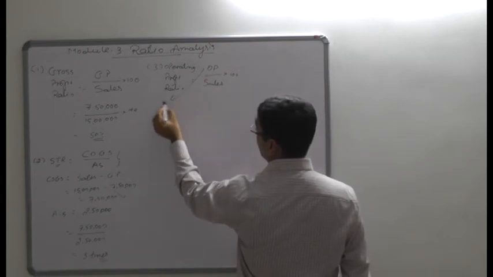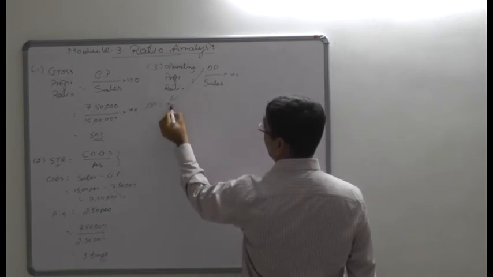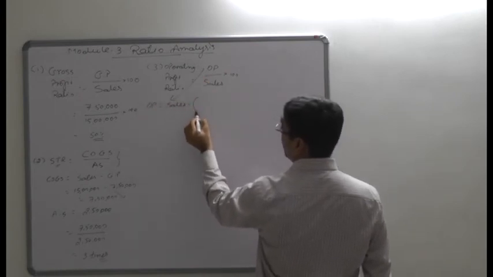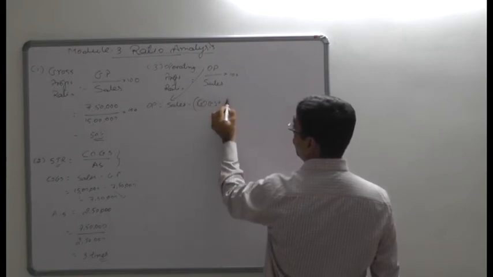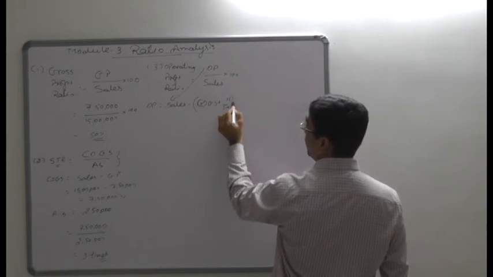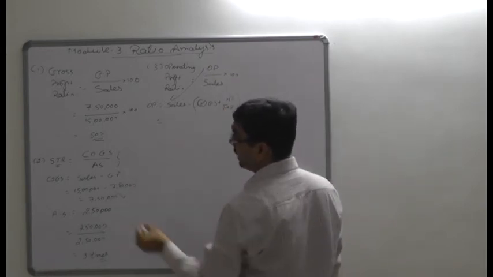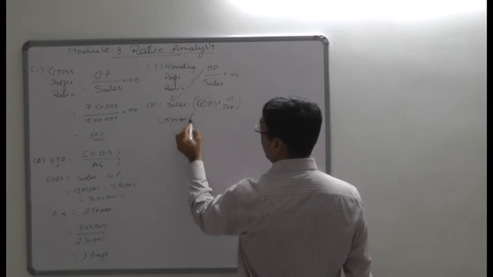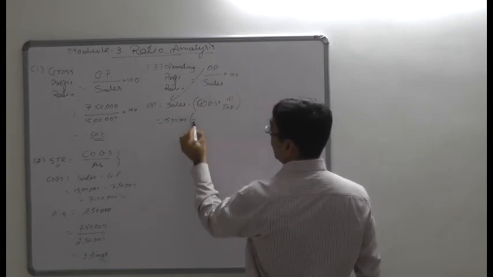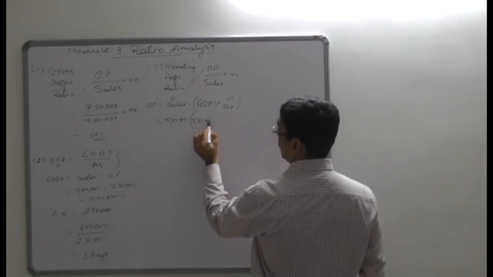But the question is how to find the operating profit, and that is sales minus cost of goods sold plus operating expense. Here sales is 15 lakh, and cost of goods sold is 7,50,000.